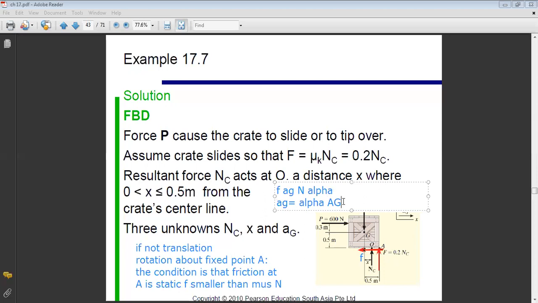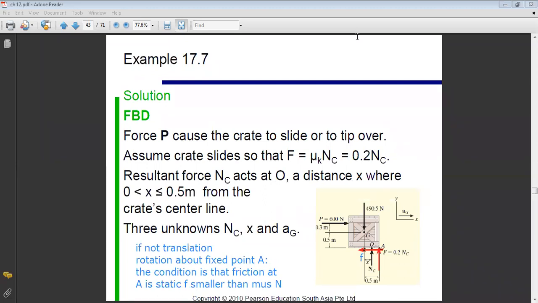Once I finish, I should make sure that f is smaller than mu s N. If f is not smaller than mu s N, then I'm not lucky at all. So I should do the third step and say that I have general motion. General motion just means that my block will rotate and translate at the same time.